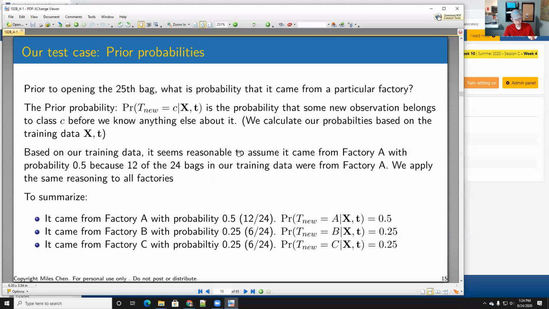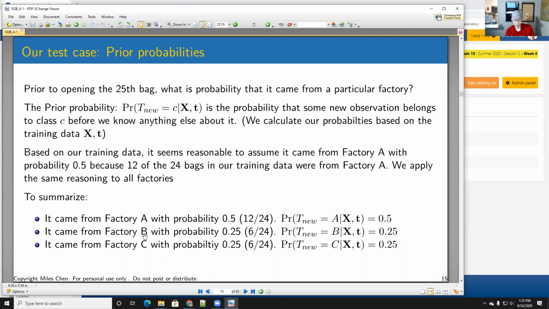And so on the training data, it would have been reasonable to think it came from factory A with probability 0.5, because when we got the 24 pouches, 12 of them came from factory A. So maybe it's reasonable to think that factory A is the most likely producer of marbles. 12 out of the 24 came from that factory, so our prior probability is 50%, okay?